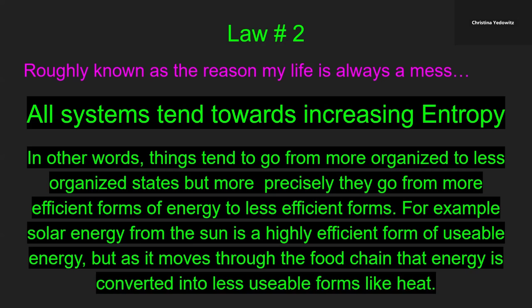And then they use the energy from the sun to make glucose out of carbon dioxide and water. And then we eat the plants and we use a chemical reaction to break down the energy from the glucose and move it into our cells. But we also convert a lot of that energy into heat to keep our bodies warm. And so every time that energy gets transferred to another form, it's getting less and less efficient.